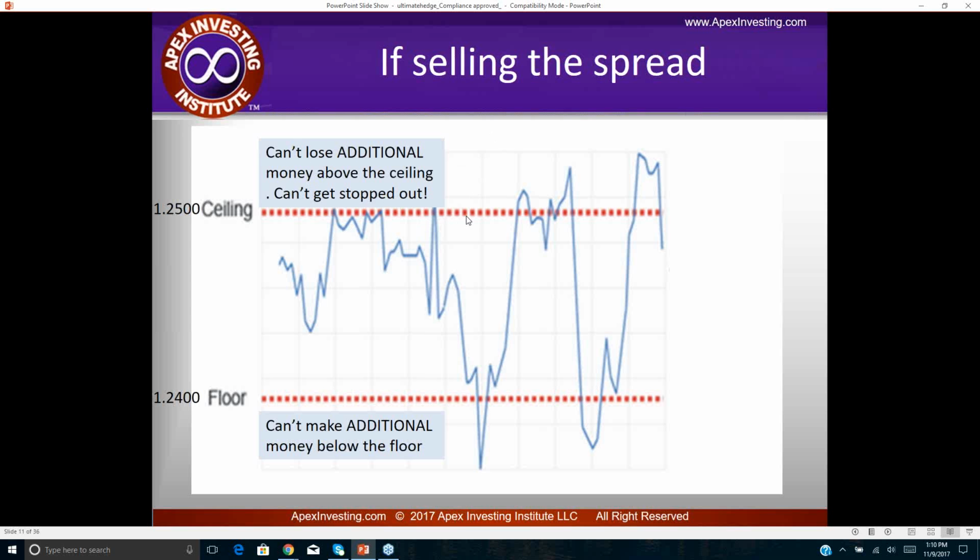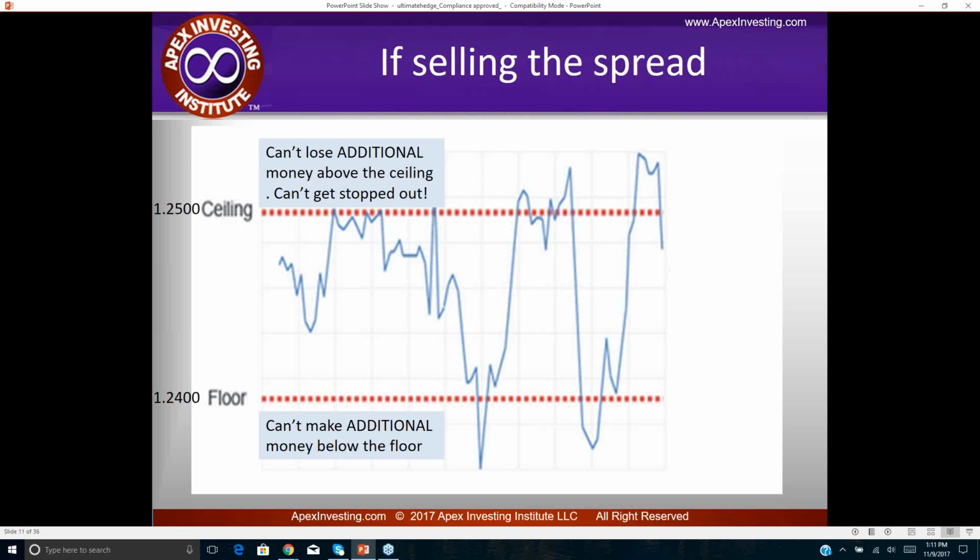I also don't get stopped out. This is very, very important. This is a very basic, elementary thing for those of you familiar with spreads, but it is very important to the strategy I'm going to teach you in a minute. Just because the market hits a floor or a ceiling, it does not close out the trade. The trade is still open.